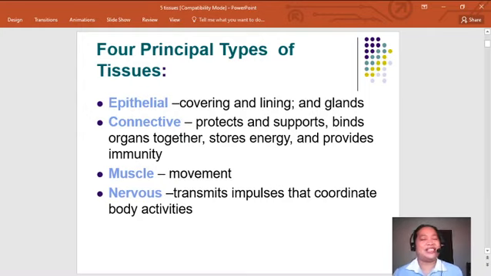Nervous tissue transmits electrical impulses so that the organism will react to a certain type of stimulus. For example, if the weather is too cold, the body's reaction should be shivering.